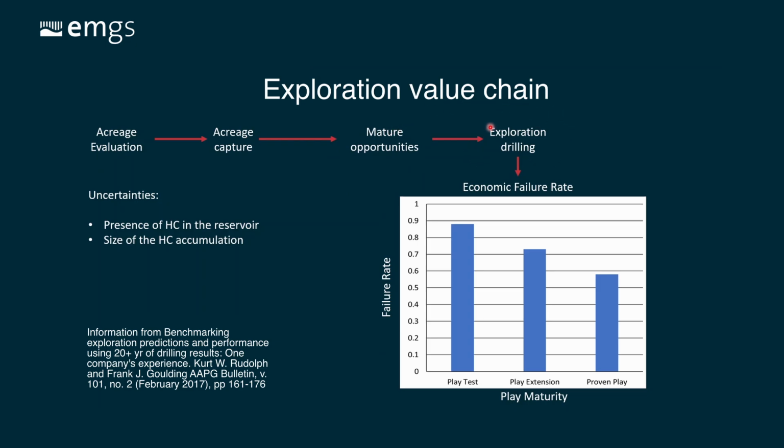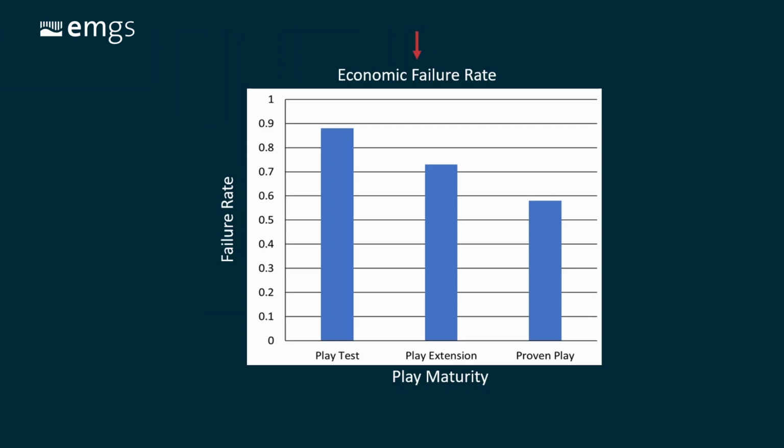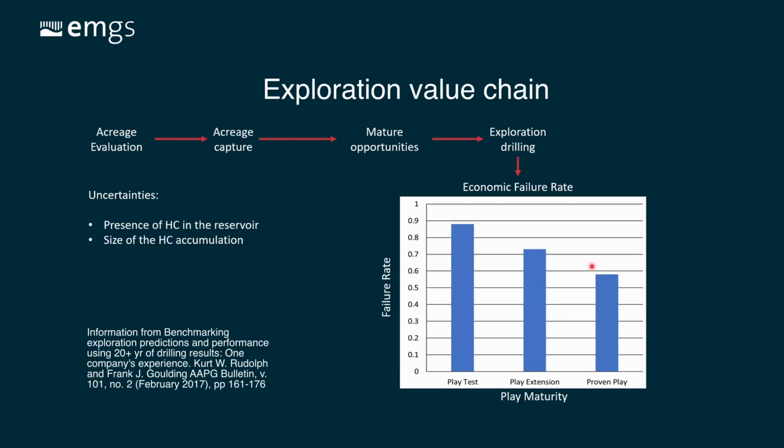And the big challenge that we have is that the economic failure rate of this exploration drilling is extremely high. It ranges from 90%, this is data from Exxon, 90% in play test areas, down to 60% in proven play areas. So this is a very, very high failure rate, from 90 to 60%. And this is due to the uncertainties present in these evaluations that we are producing.